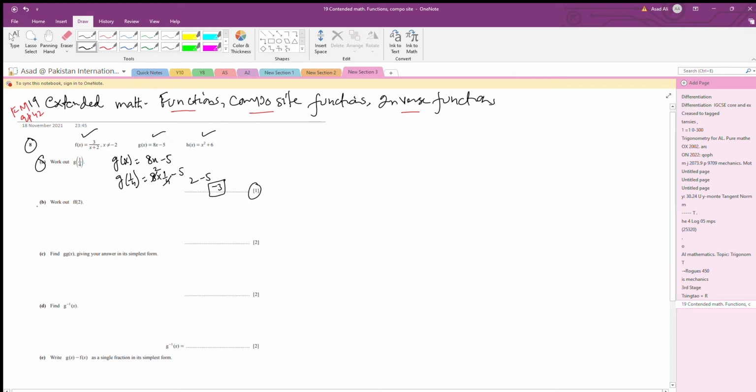Now in part B, work out f of f of 2. So we are finding f of f of 2 here. This is now a composite function.